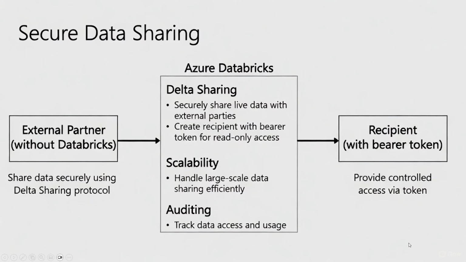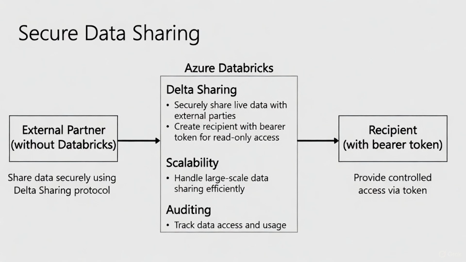So what does this really mean for you? The solution here is Delta Sharing. Delta Sharing is an open protocol designed specifically for scenarios like this. With Delta Sharing, you can share data securely with anyone, whether they're using Databricks or not. That's huge. You create a recipient object for the external partner, and then you authenticate using either a bearer token or OpenID Connect.